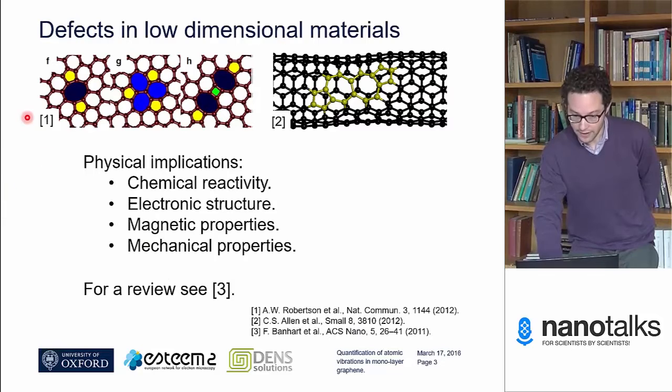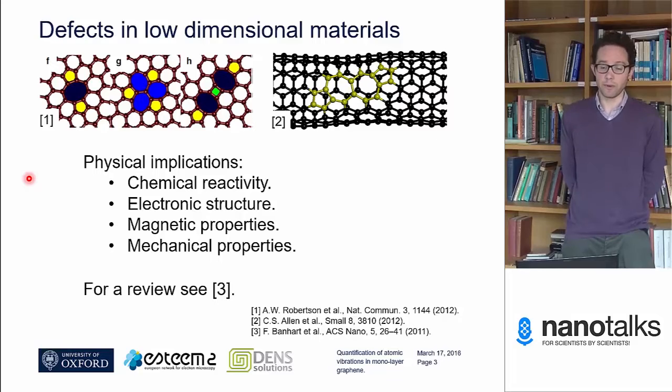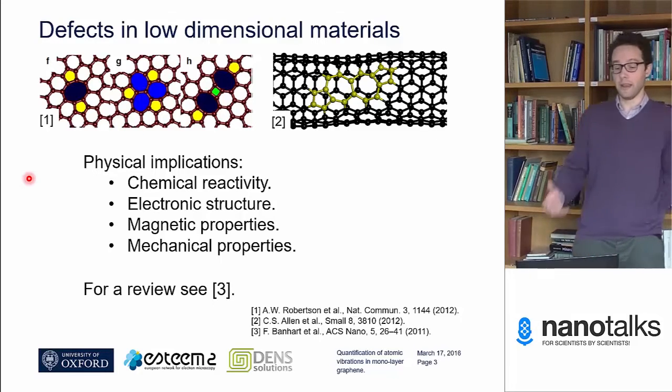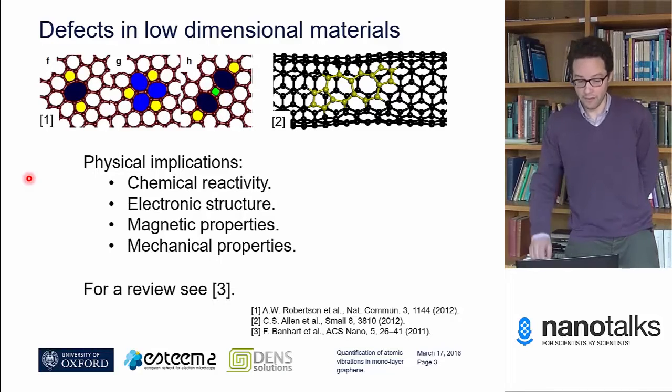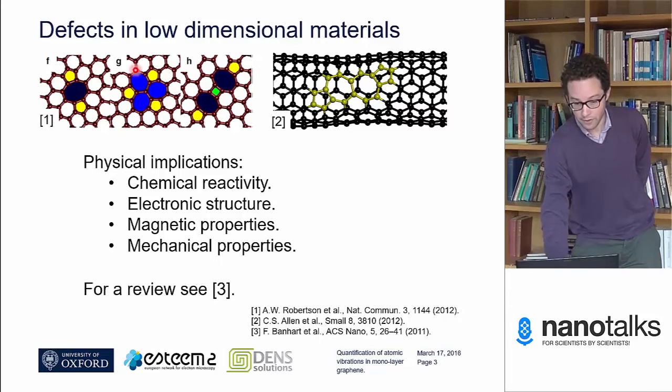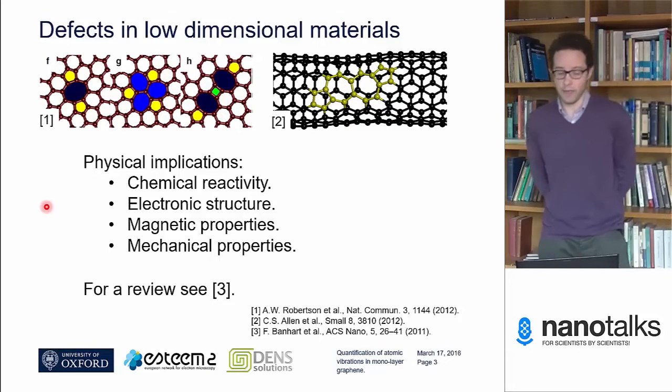Okay, so firstly, defects in low-dimensional materials. Obviously, defects are important in the physical properties of all materials, but I would argue this is particularly so in materials like graphene, due to their low dimensionality. If we have a defect in a graphene crystal, shown here, or maybe a carbon nanotube, it has numerous potential physical implications.